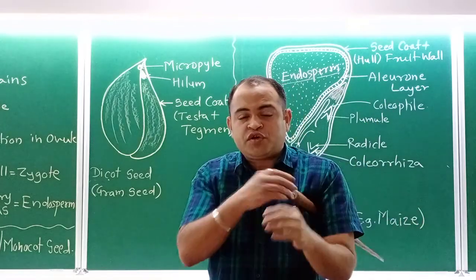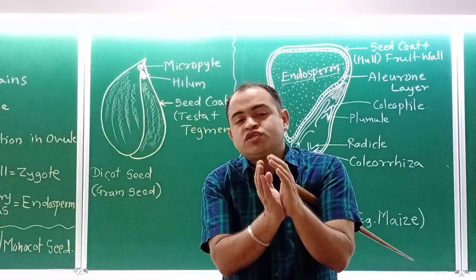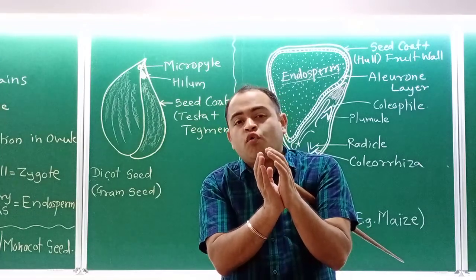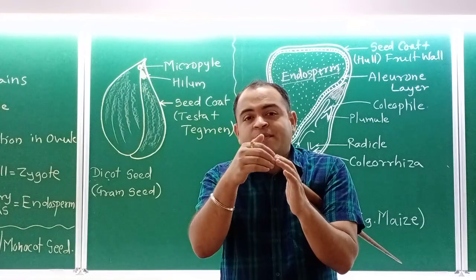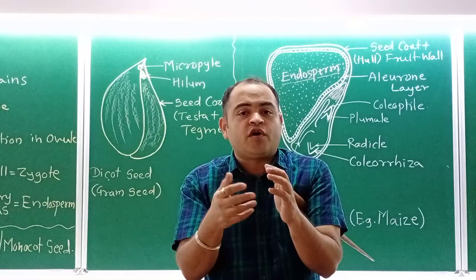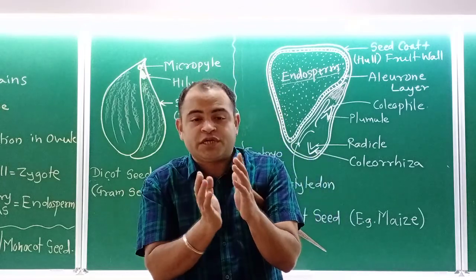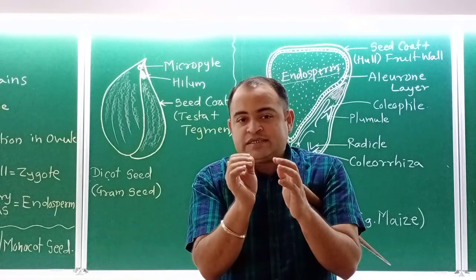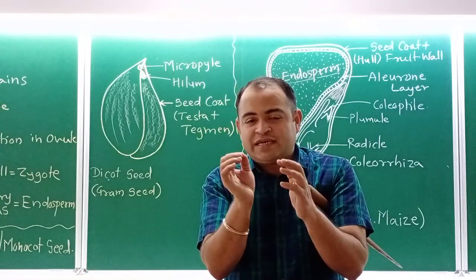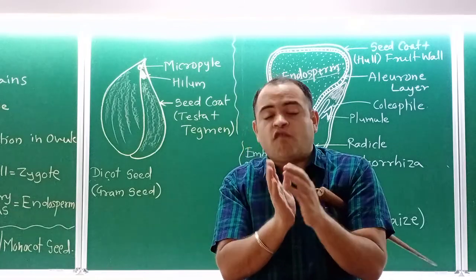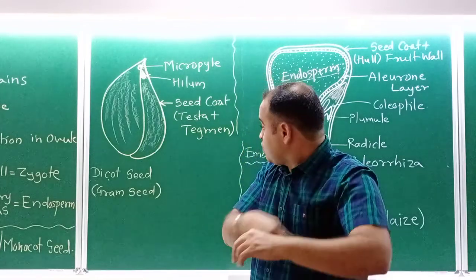This micropyle shows a minute aperture, a minute opening. That minute opening remains there throughout in the seed. It is not possible for nature to seal everything, because there is going to be a necessity of entry of water for germination.